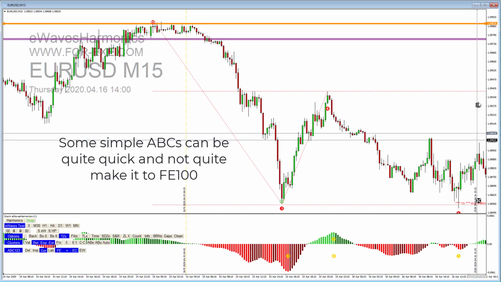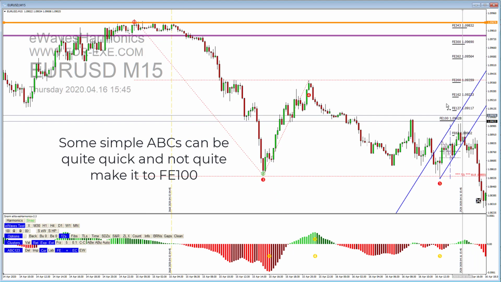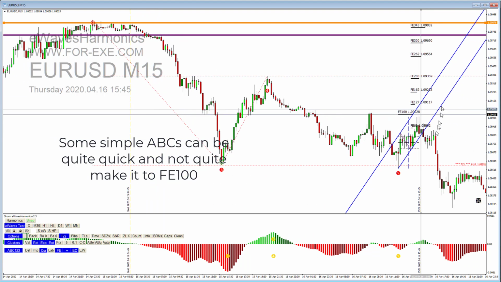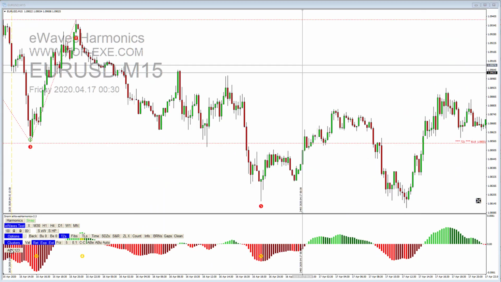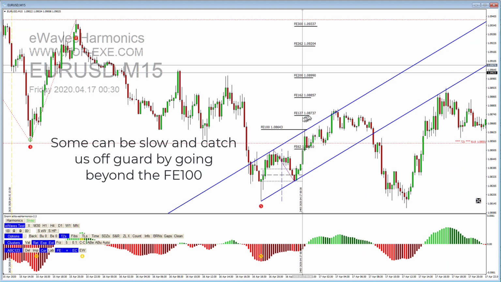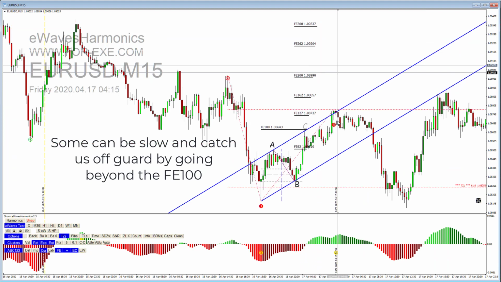Some simple ABCs can be quite quick and not quite make it to the FE100 target. And some can be slow and catch us off guard by going beyond the FE100. So we'd move our C up in that case.